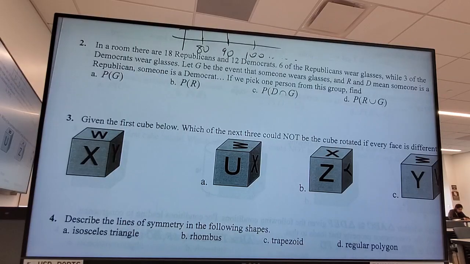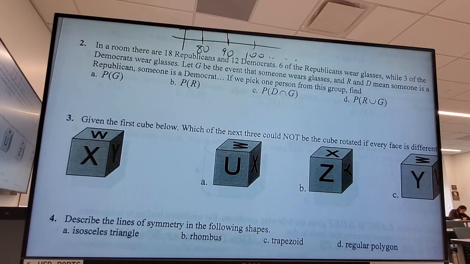The original picture has a W, an X, and a Y. What did I do to the die to get it to look like this? Just rotated it, right? So is this possible? Yes. W, if I turn it, it's gonna look like that. X, right? X. And then there could be a U on the other side, I don't know.